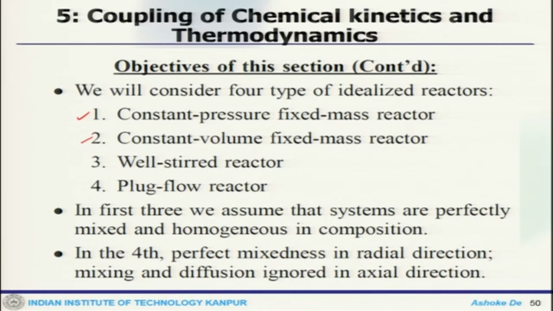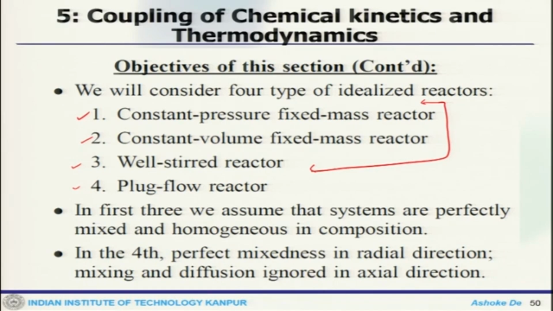The third one would be the well stirred reactor, and the fourth one would be the plug flow reactor. In this, the first 3 are perfectly mixed and homogeneous in composition, and in the fourth one there is perfect mixedness in the radial direction, while mixing and diffusion are ignored in the axial direction.